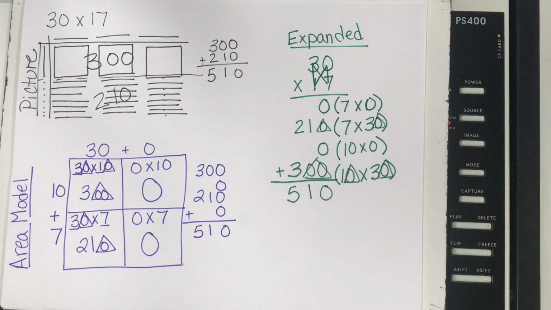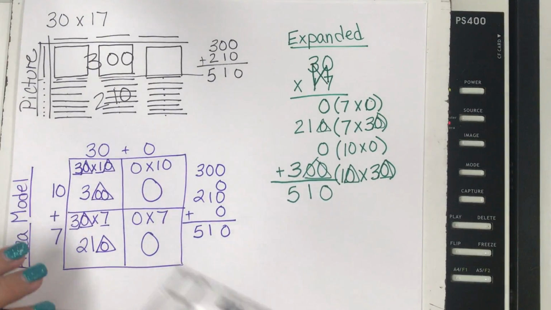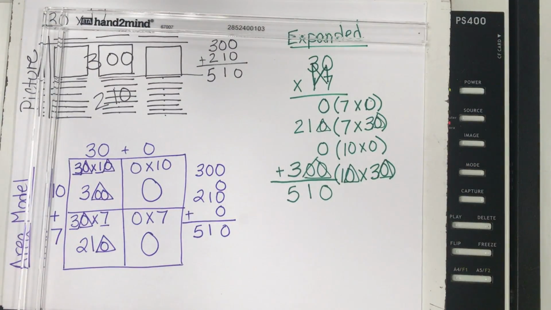You could do repeated addition. That'd be a whole bunch of adding. We talked about it already. What could I use? Have we learned standard algorithm yet? We will get there. But could I use base 10 blocks too?